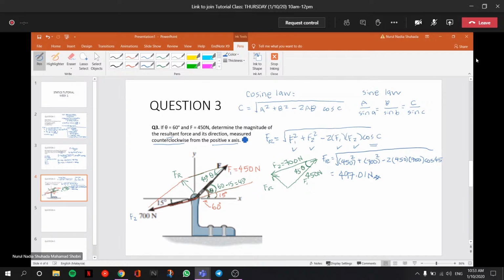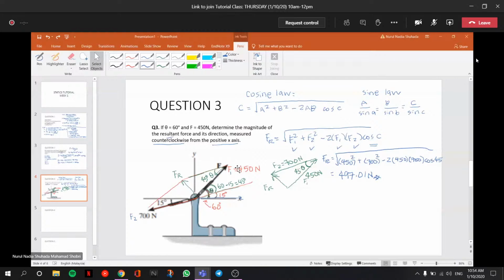So we know the positive x-axis is here, and we measure counterclockwise, so counterclockwise would be something like here.